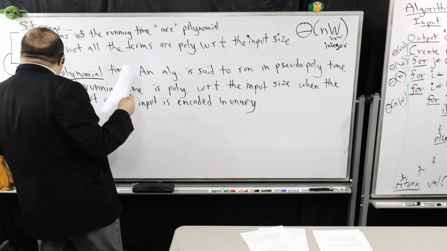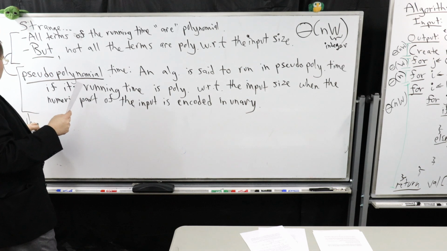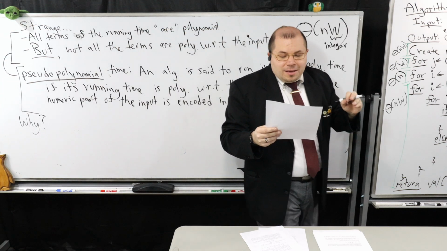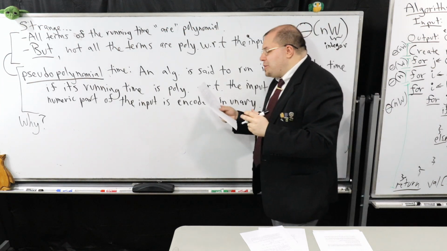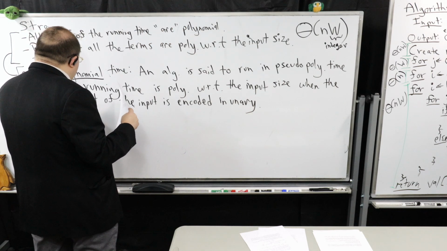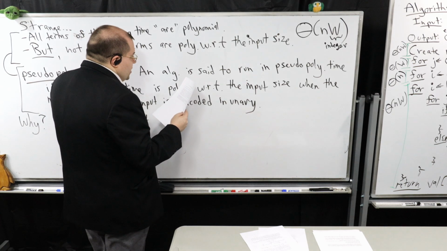You might ask, why does our algorithm run in pseudopolynomial time? It's really because W is not a constant, right? It's not a constant.